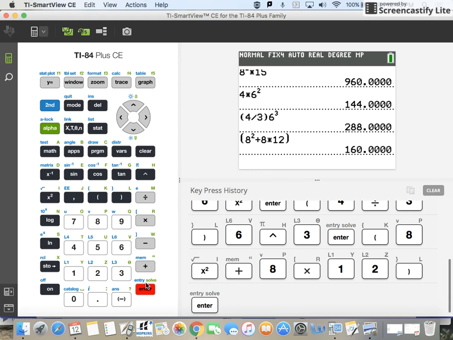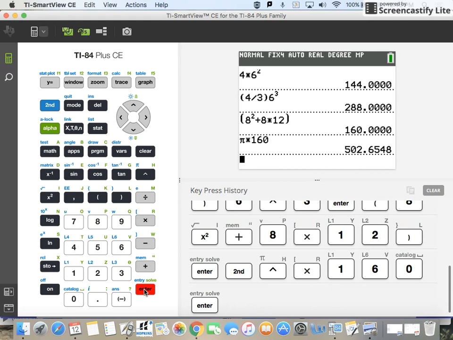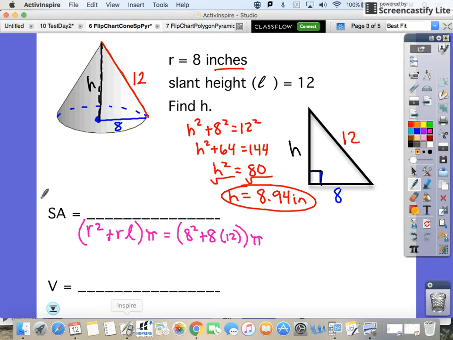I'm just going to see what 160 pi is. About 502.65. 160 pi inches squared, which in reality is like 502 square inches.